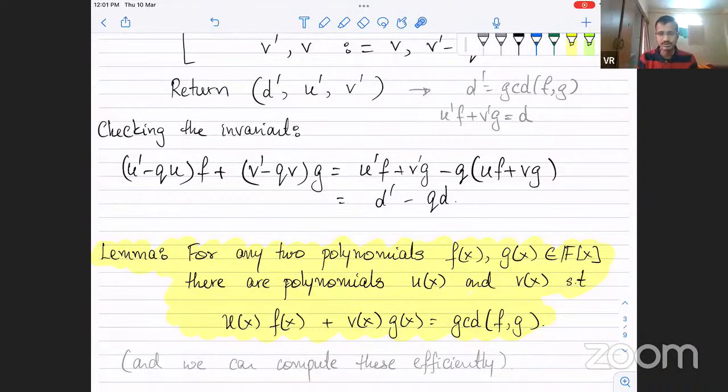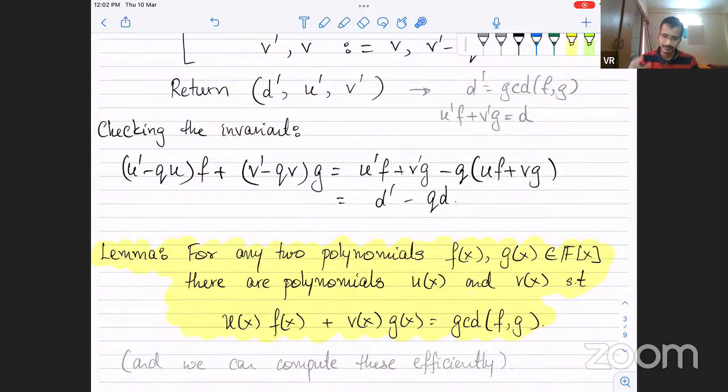So Saurabh wanted me to clarify what the question was again. f and g are input polynomials, and you not only want to say what their GCD is, but the u(x) and v(x) that we get from this extended algorithm, if the GCD was 1, are in fact proof that your GCD is 1, because you can just compute u(x) times f(x) plus v(x) times g(x). You need not have calculated these by an algorithm.